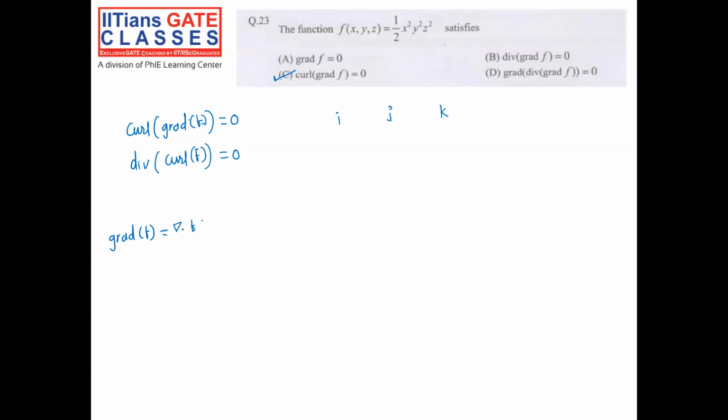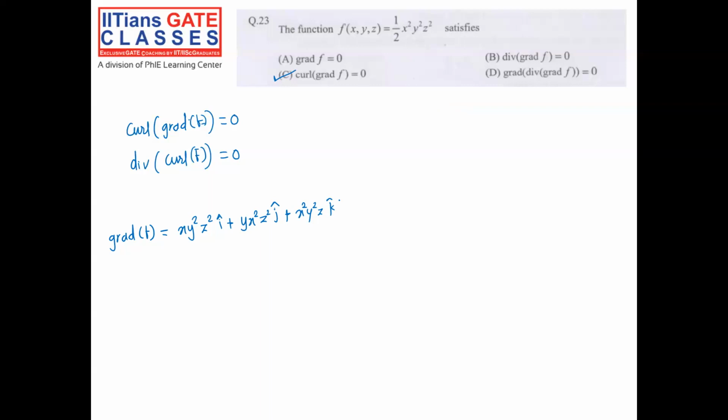So you have to operate a del operator on this scalar function, and you will end up with, I'll directly write here, xy square z square i plus y x square z square j plus x square y square z k. Okay, so this is the gradient of f, and now we will take the curl of it.